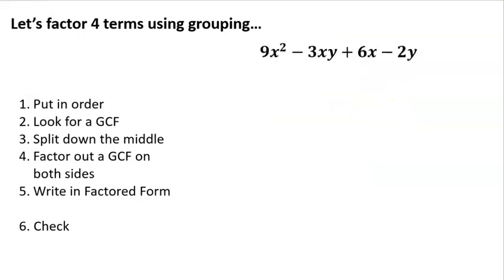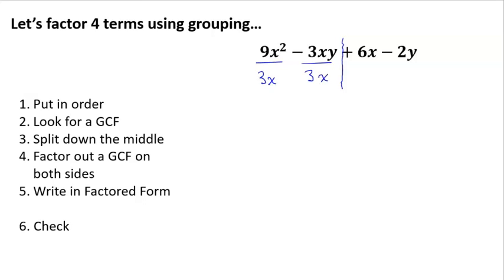Okay, so now let's try another one. So with this one, I don't see a GCF showing up in all 4. I'm going to split it down the middle. I'm going to look for a GCF on the left side. I know 3 goes into both of these, and then they also have x's.